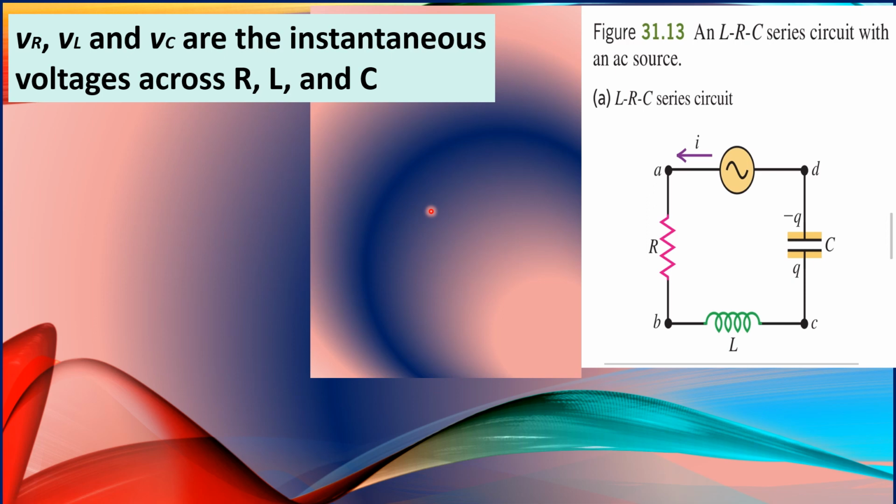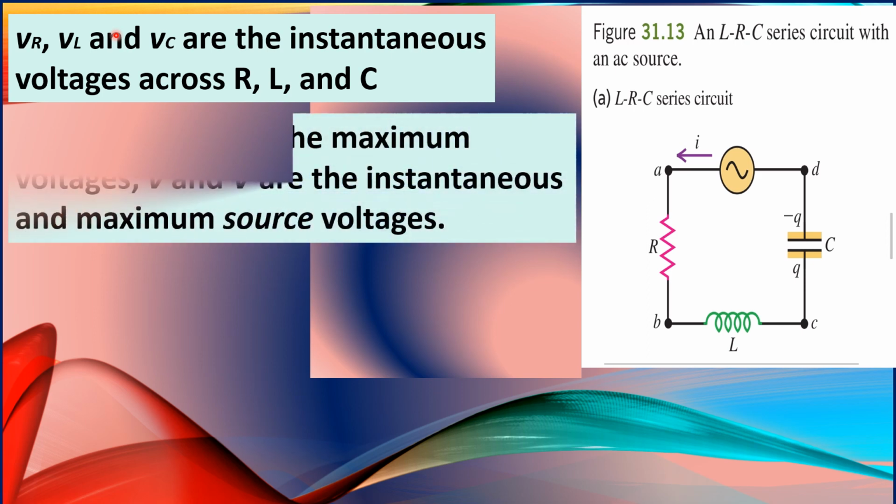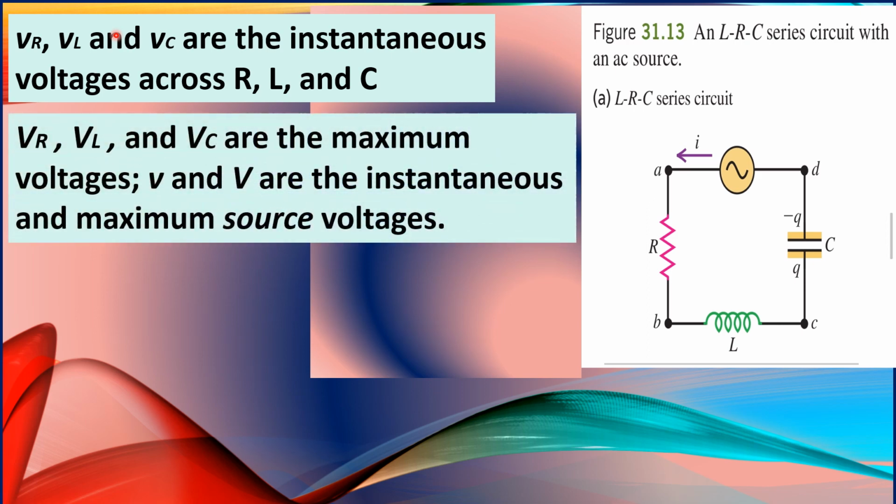We use the symbols small v_R, small v_L, and small v_C for the instantaneous voltages across the resistor, the inductor, and the capacitor, and the symbols capital V_R, capital V_L, and capital V_C for the maximum voltages. And we denote the instantaneous and the maximum source voltage by small v and capital V respectively.